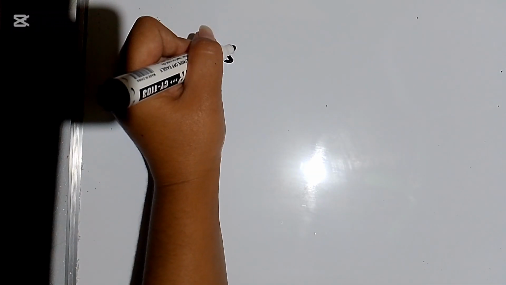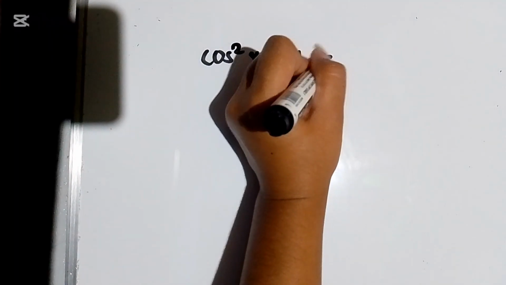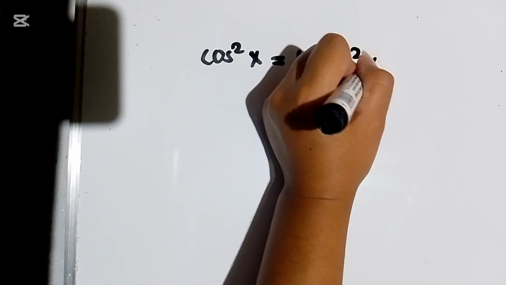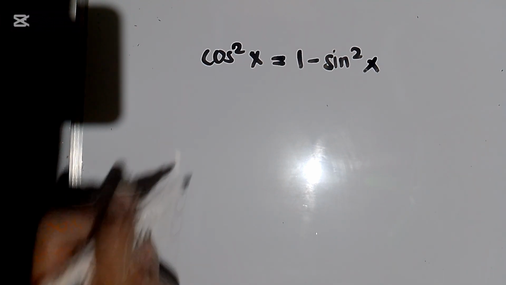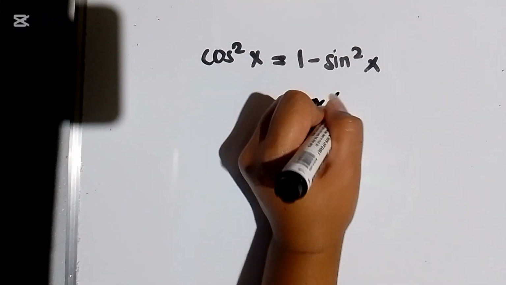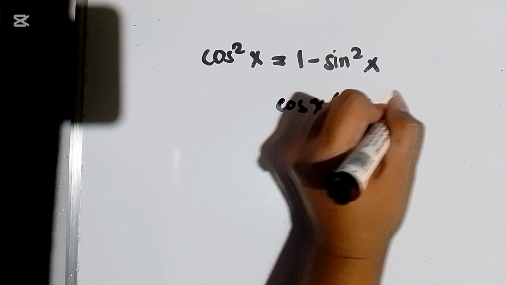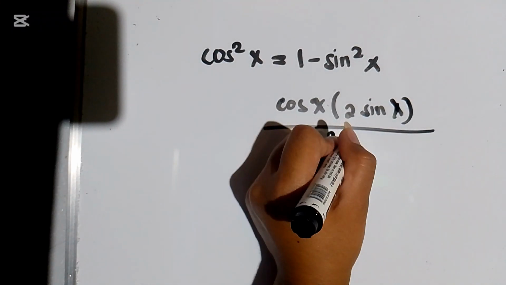Next, we use the Pythagorean identity, which is cos squared x equals 1 - sin squared x. Since we use the Pythagorean identity, the expression becomes cos x (2 sin x) over cos squared x.